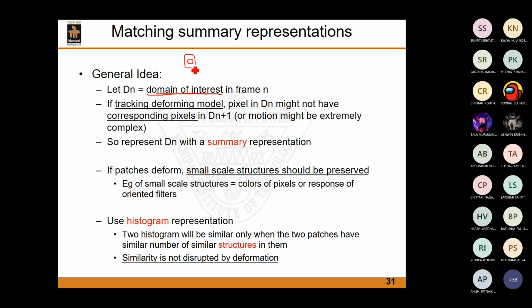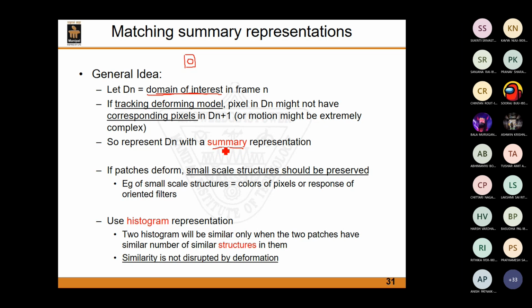I can also call it my region of interest, it's the same. So in the first frame, we identify this domain of interest, and then we represent it using the summary representation.